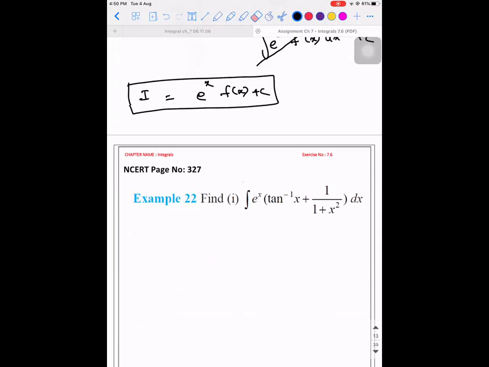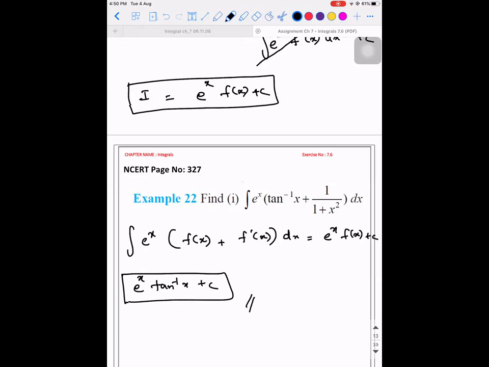That's the answer. It is like this: the integral of e power x into tan inverse x. If I take it as f of x, then 1 by 1 plus x square is the derivative of this. So that will be e power x into f of x plus c. So the answer will be e power x into tan inverse of x.